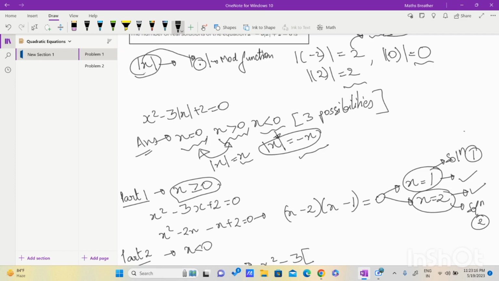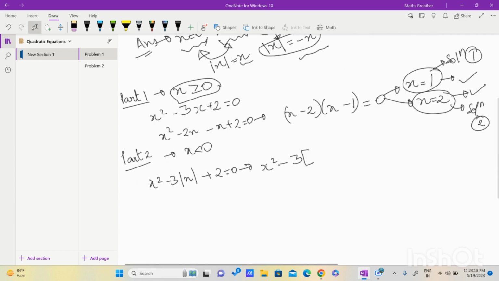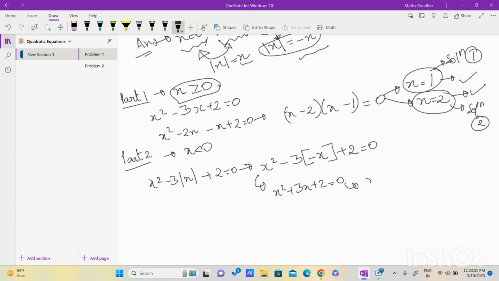So minus 3 times minus x plus 2 equals 0, which becomes x square plus 3x plus 2 equals 0. Factorizing it gives the factors (x plus 1)(x plus 2) equals 0. So x can be either minus 1 or minus 2.